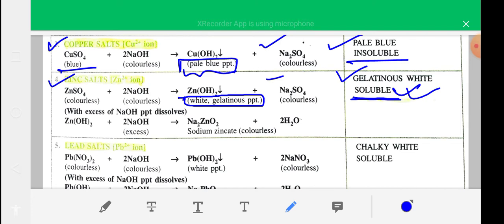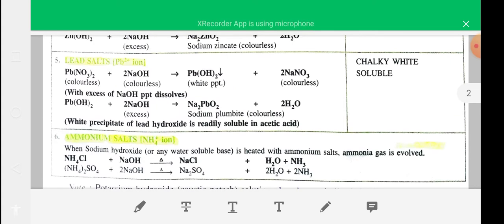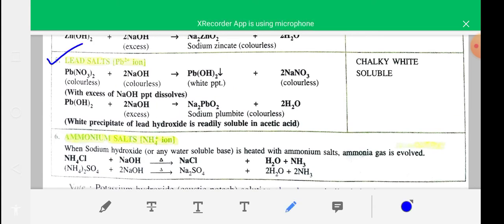sodium hydroxide. Okay, now see the case of lead salt, Pb2+ ion salt. When the Pb2+ ion salt, that is Pb(NO3)2, is treated with sodium hydroxide solution, you will get a white precipitate of lead hydroxide and sodium nitrate, which is colorless in solution.